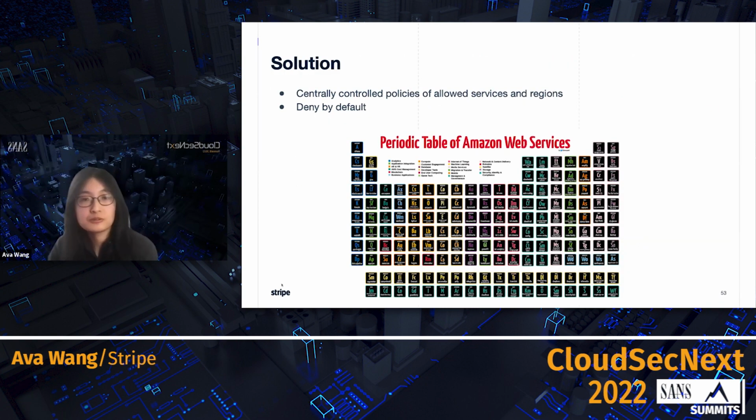So the approach we'll be discussing today is to decrease the size of the environment that needs to have controls and detections, by only allowing access to the services and regions that are used and approved through centrally controlled policies.